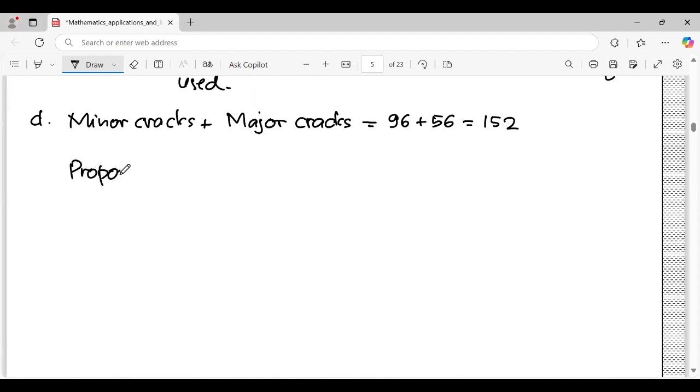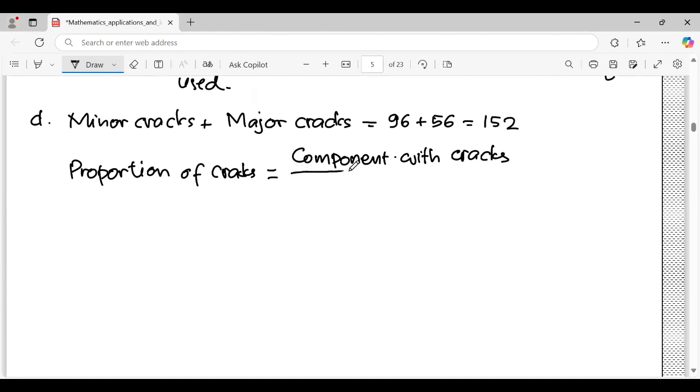And the proportion of cracks equals components with cracks divided by total components of current technique.